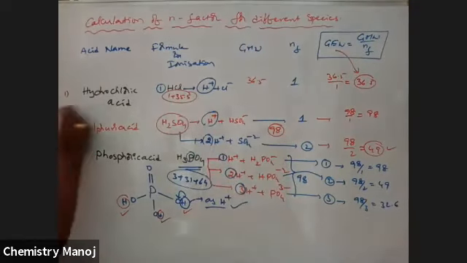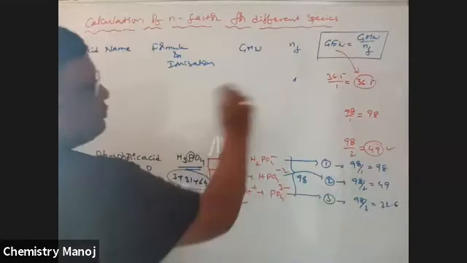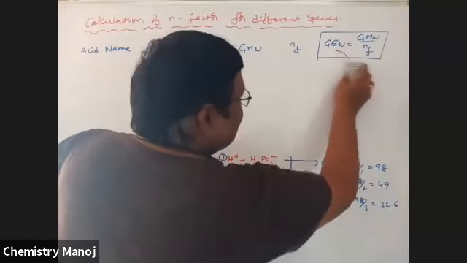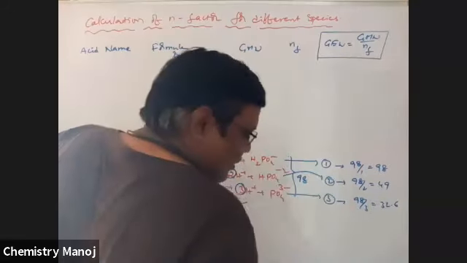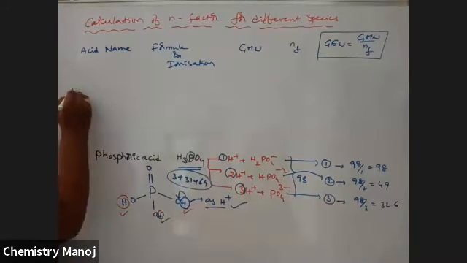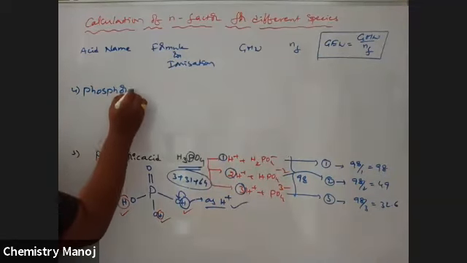Now, one more example. It is a little difficult. That means all the hydrogens may or may not be released as H plus. Be careful. Up to now, every hydrogen was released as H plus. Now I am going to take an example, the fourth one: phosphorus acid.